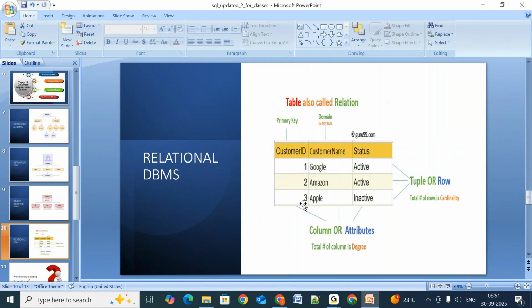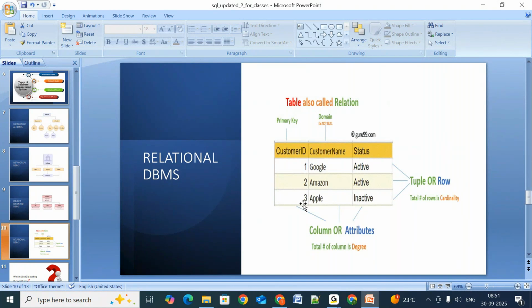Got it? A table is also known as a relation in general. In general, it's relational. Let us assume someone asks me what relation you are having, or says this is a relational model, your data, now you're getting data in a relational model.